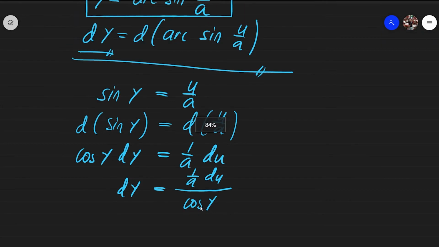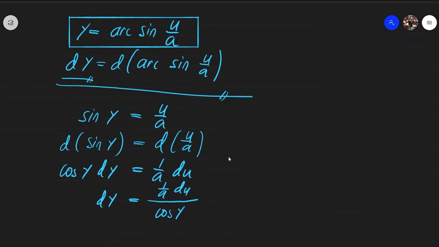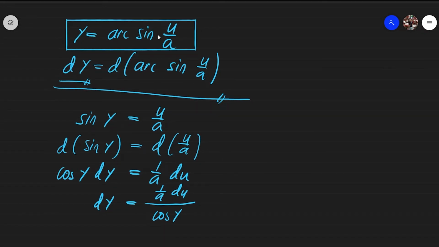We will go back to our original given function, y is equal to arcsine u over a, or it could be written as sine y equals u over a. From this equation, you could apply the principle of trigonometric function using a right triangle.